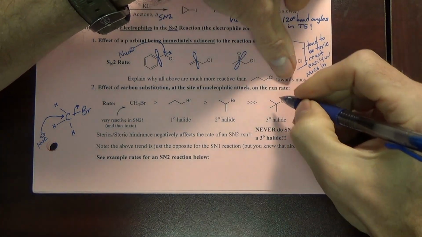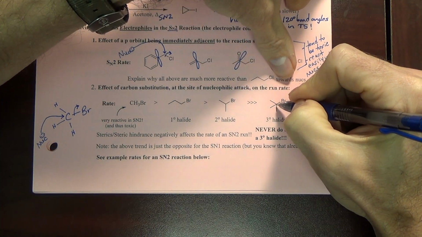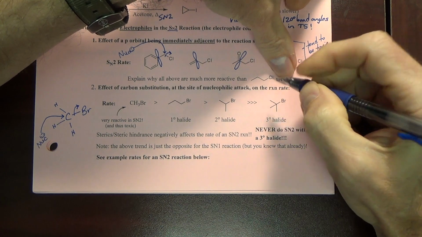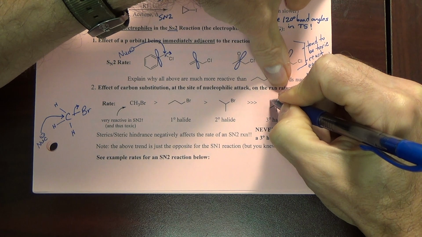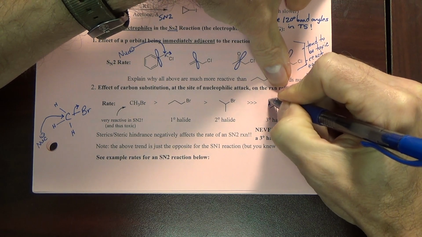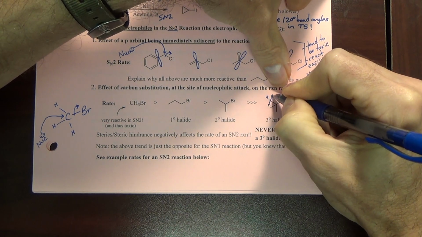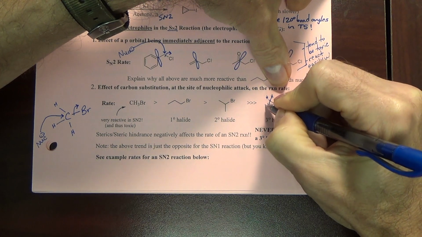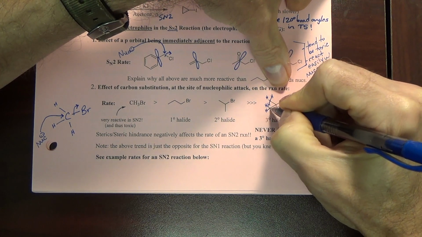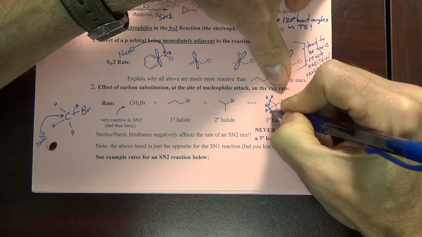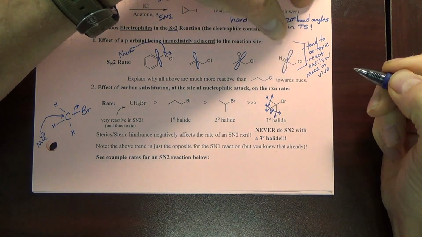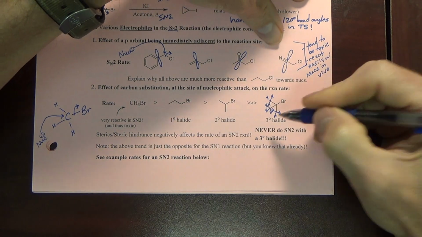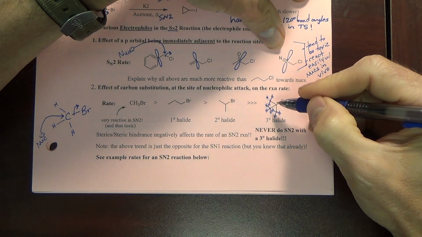But if we go to the other extreme, if those are methyl groups on that carbon, 3 methyl groups, well, you got to keep in mind that those methyl groups, the carbons also have H's. And if we draw these H's in, you'll see that it gets fairly crowded. And crowding we call sterics.